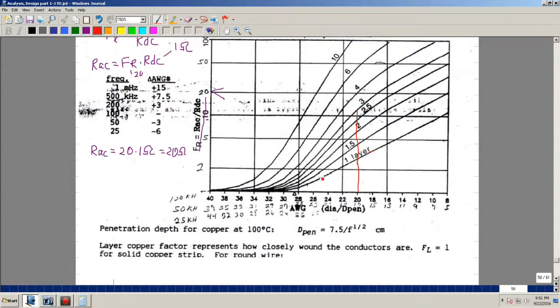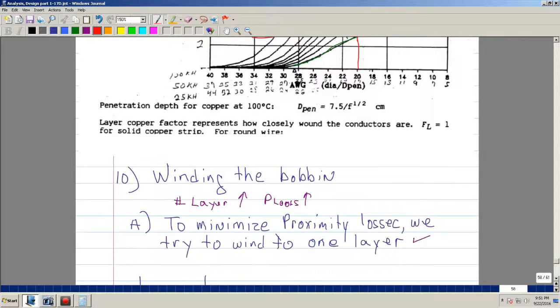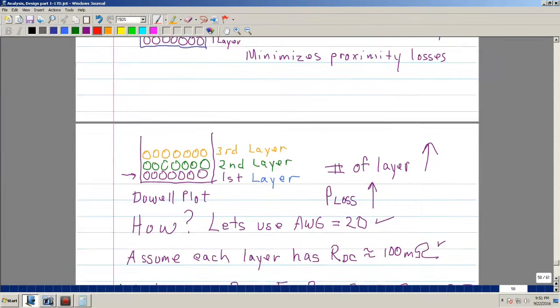If you notice, I'm going to go green. This plot is the plot for the 1 layer, 1L. Then if you go horizontally, I'll say that that's 3. So I have an FR of 3.